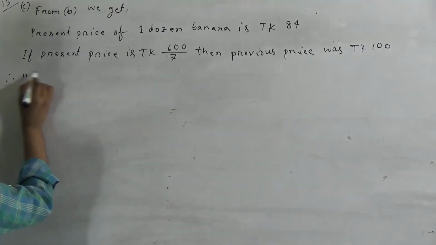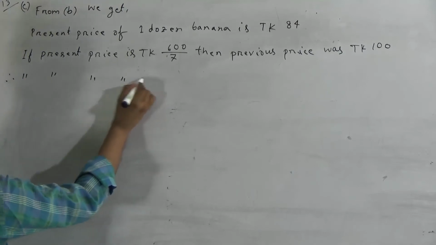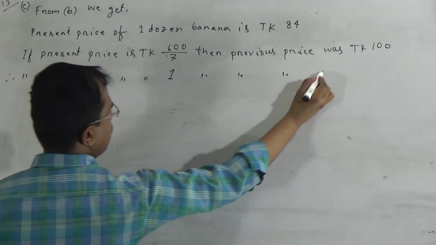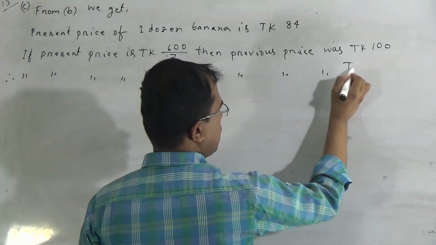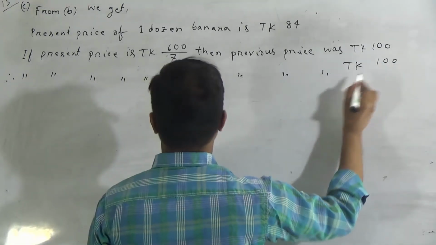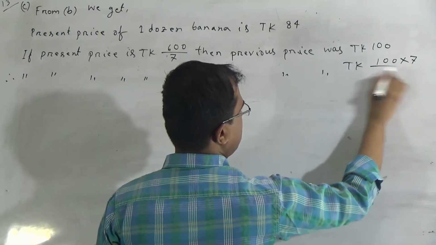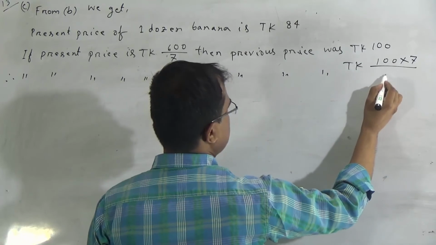Therefore, if present price is TK 1, then previous price was TK 100 multiplication 7 by 600.